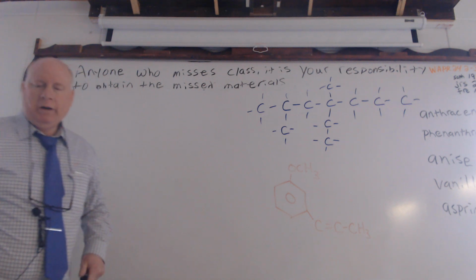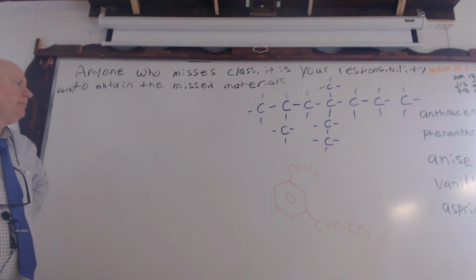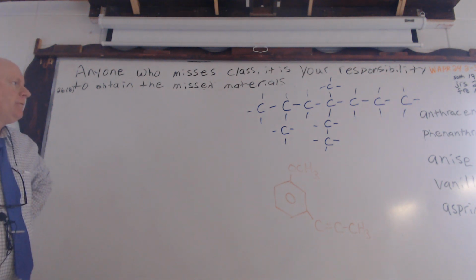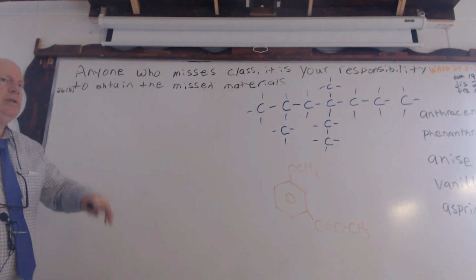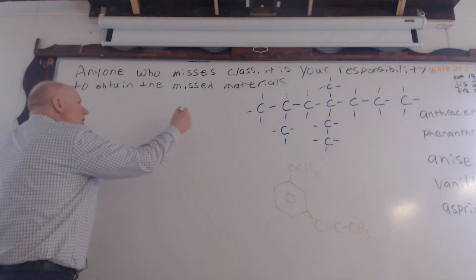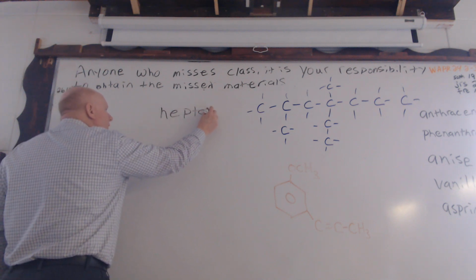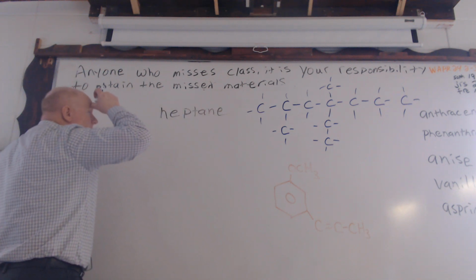So, what might the first thing we would possibly do here? Okay, so our longest continuous chain is what do we think? I think you said it. It is. And it's all single bonded, so we can go ahead and write heptane. Okay.